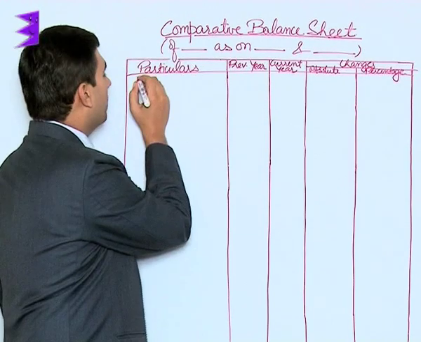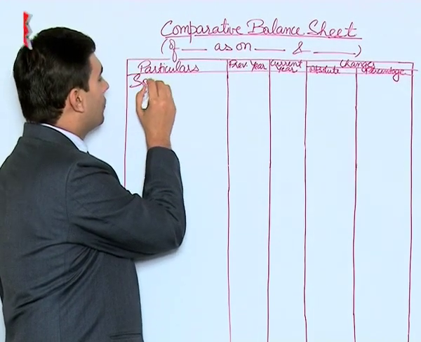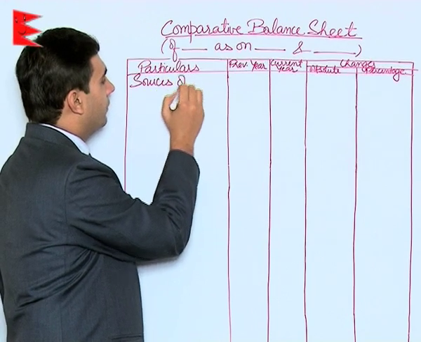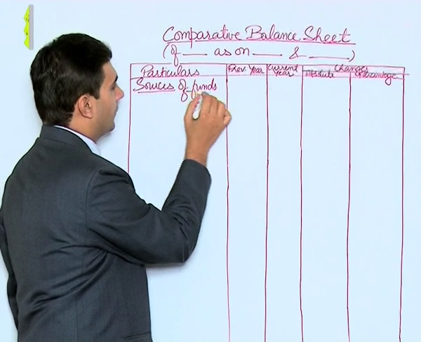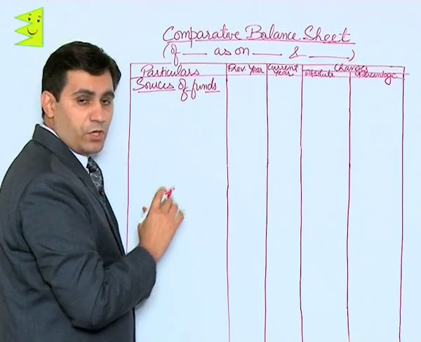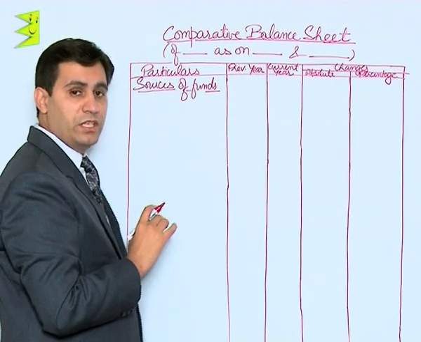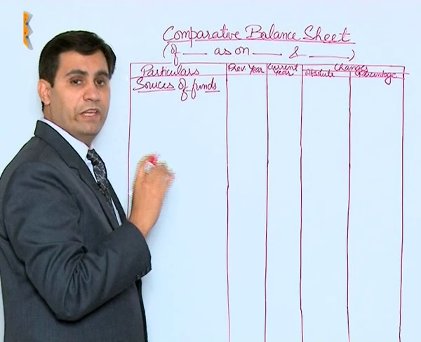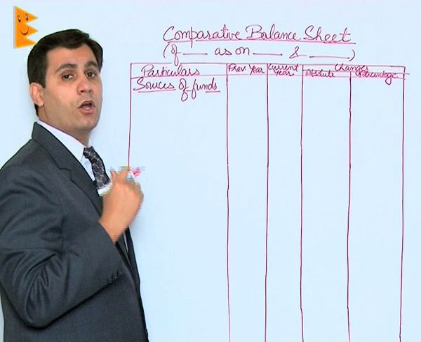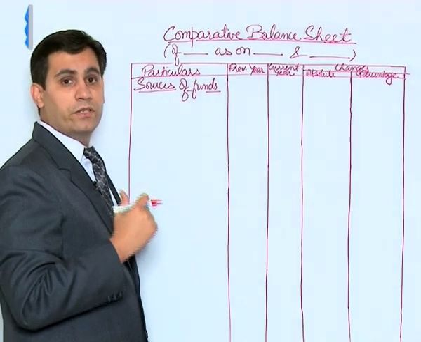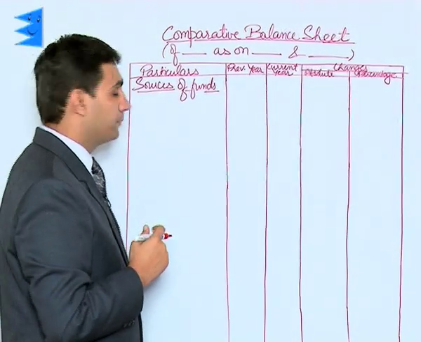So the first part here is sources of funds. In this part of the comparative balance sheet, we are required to show the various sources from which the business has accumulated its resources or funds.